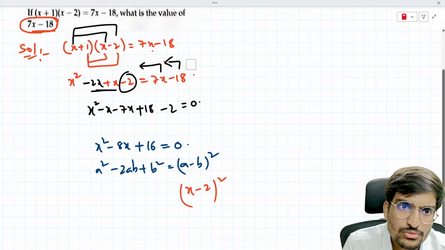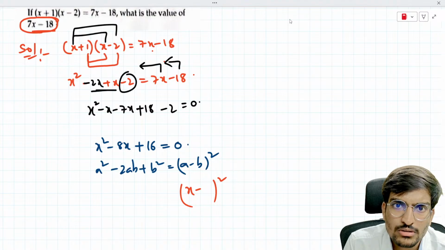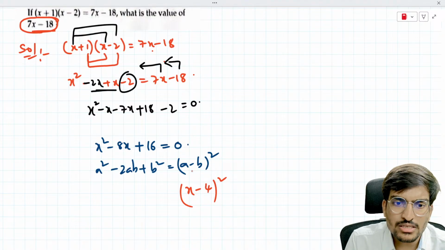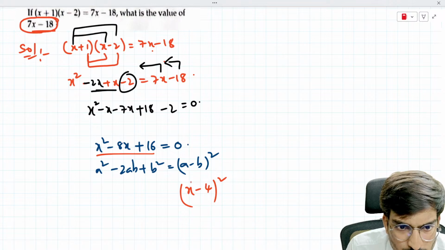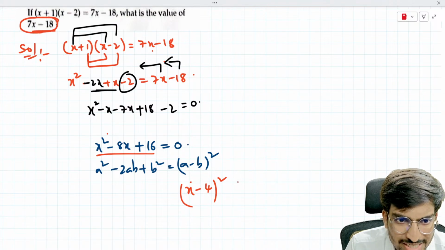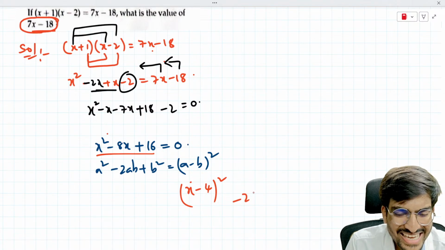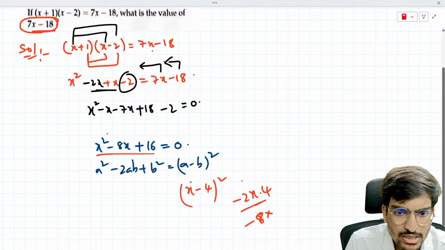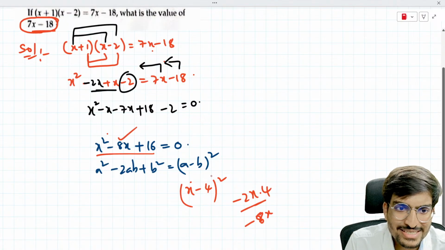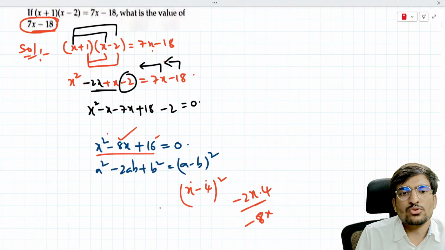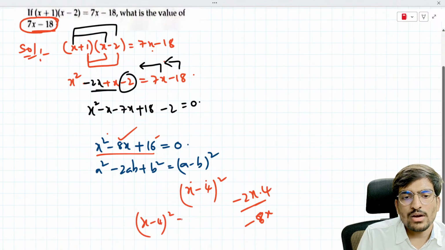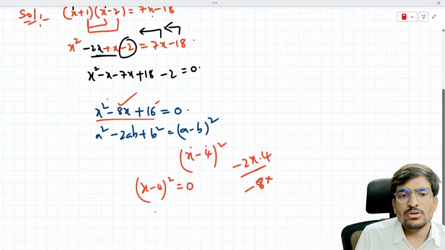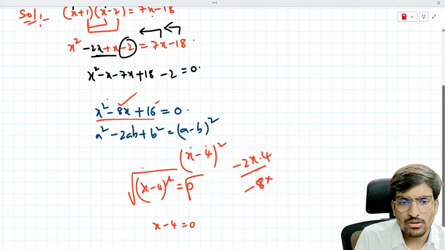Just a second, not 2, this is going to be 4. So this is x minus 4. Negative 2 into a, which is x, into b, which is 4, so negative 8x, it's working here, and then 16, 4 square is 16. Yes, so we got x minus 4 whole square equals 0. So x minus 4 equals 0 if you just take the root, so x equals positive 4.